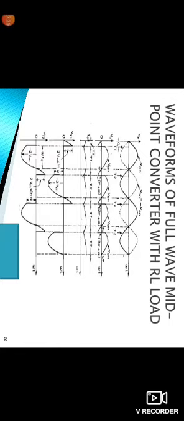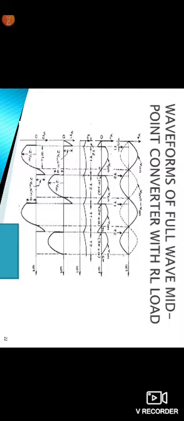Here the waveforms are taken across the input signal, output voltage, output current, thyristor voltage and thyristor current. Here the two signals are opposite, that is VAN and minus VBN. VBN is equal to minus VAN, a replica of VAN.